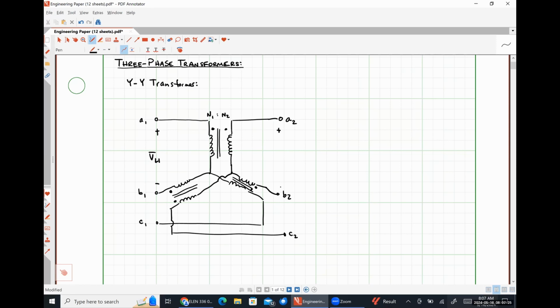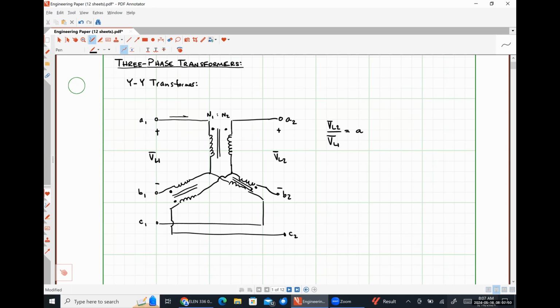And this will be our line voltage on the secondary side. Then we should have a relationship that, excuse me, VL2 over VL1 should be A.